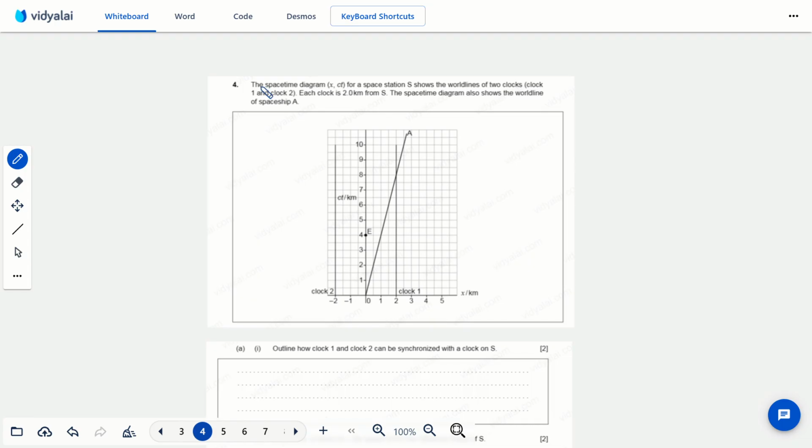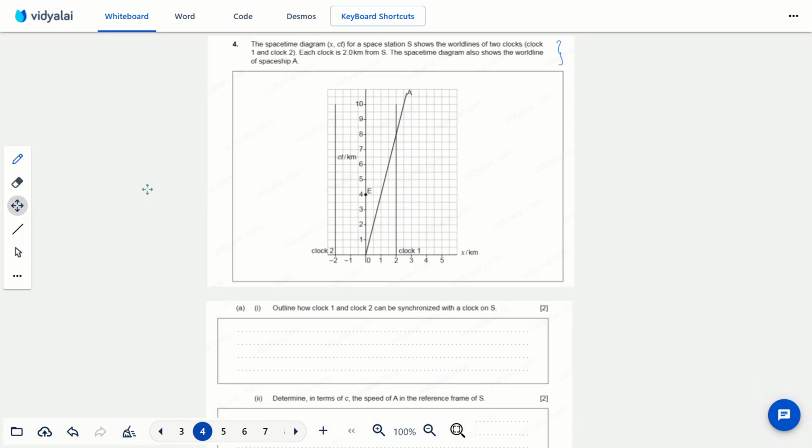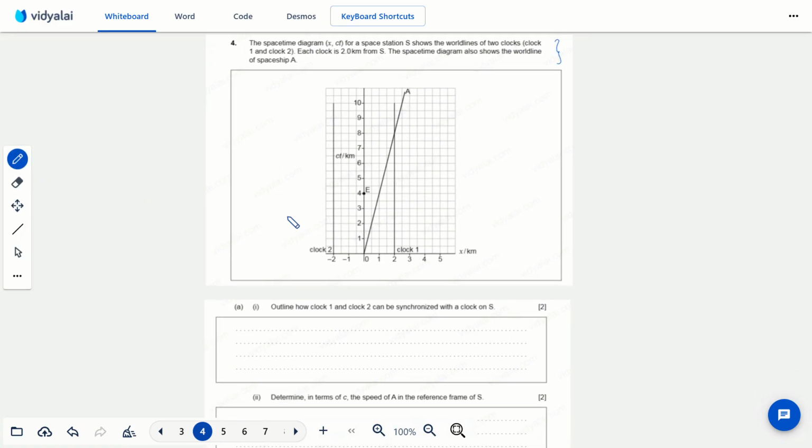so we have the fourth question with us, and you may pause the video and read through this section to understand the details of this question better. So we have a space station, and within this space-time diagram, it's described by this world line, this vertical line which passes through the origin.